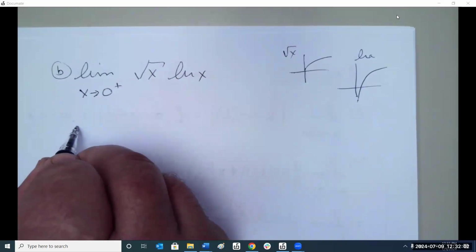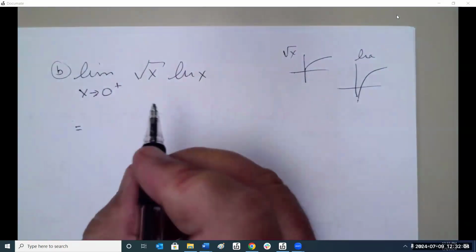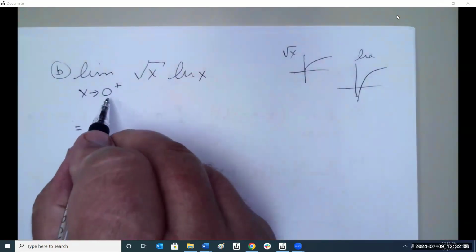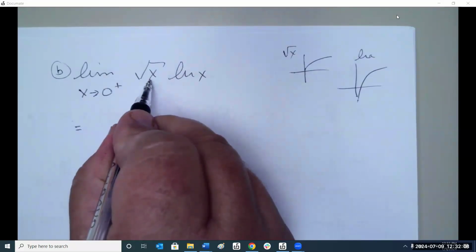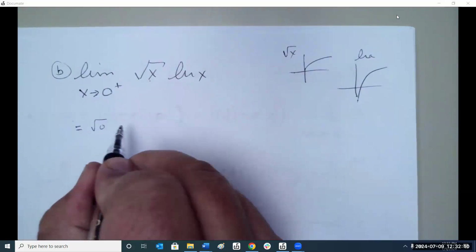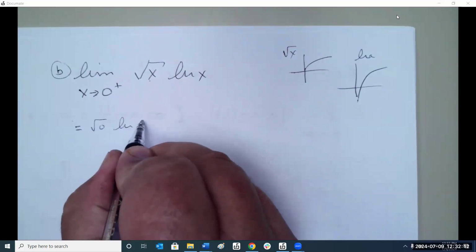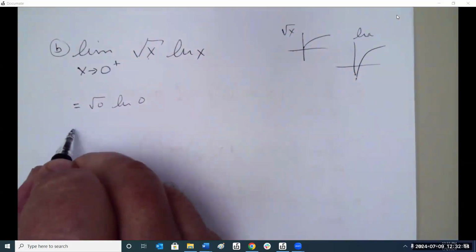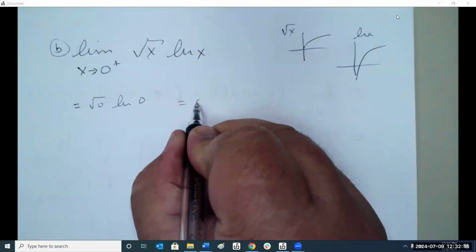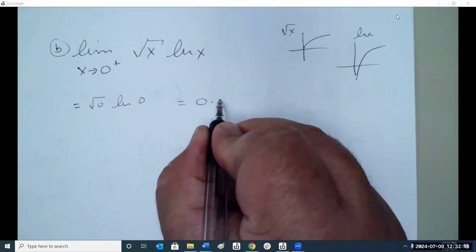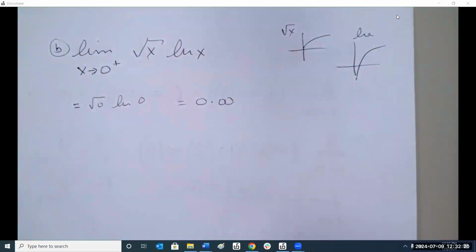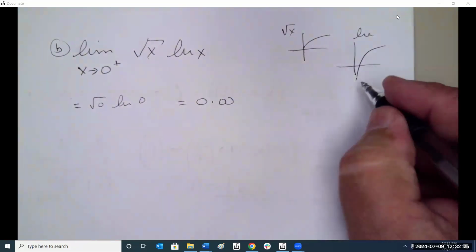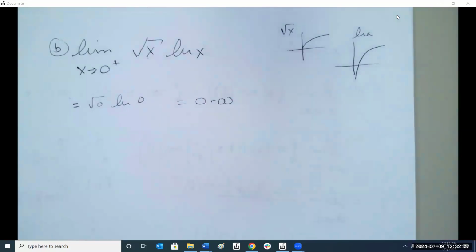So we're on 0. If we plug in 0, what do we get? Square root of 0, ln of 0. Square root of 0 is 0. ln of 0 is infinity. It's actually negative infinity, but it's still an infinity.